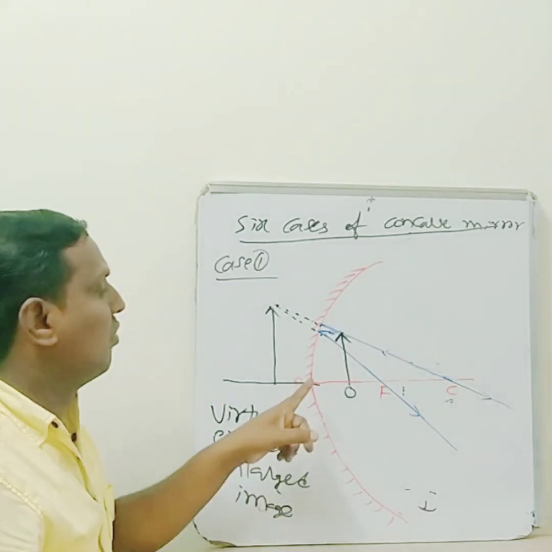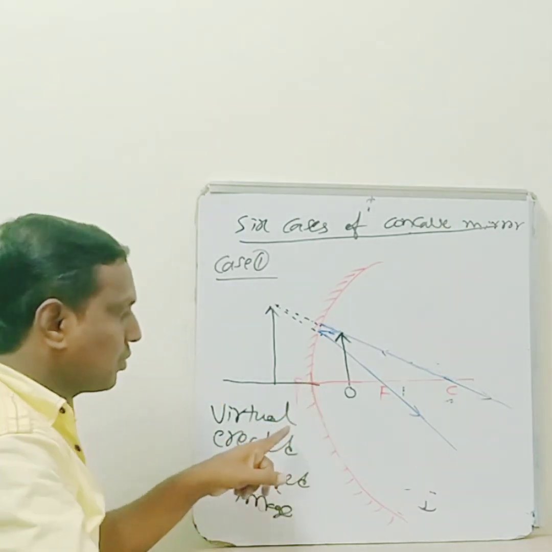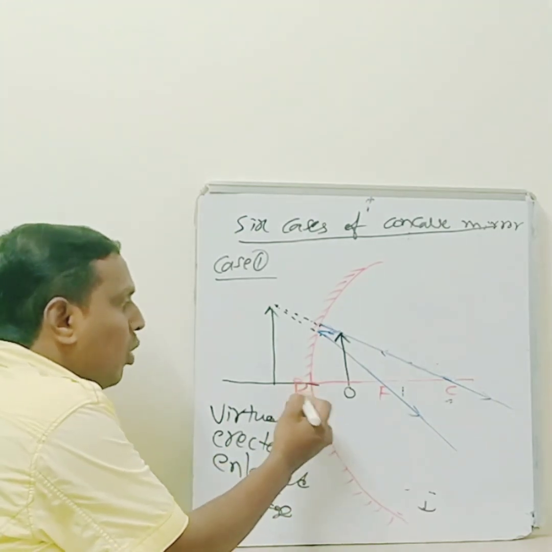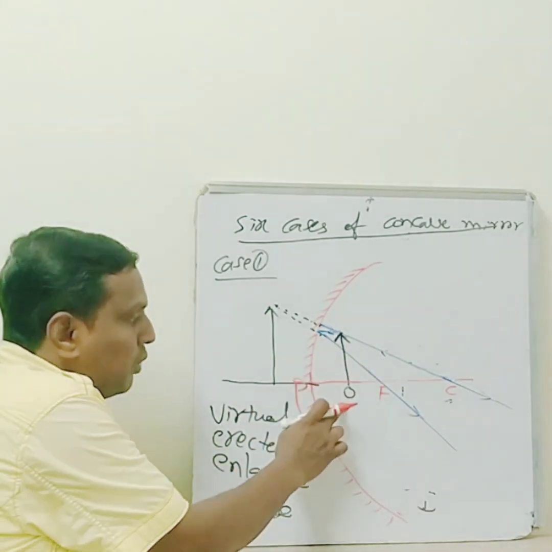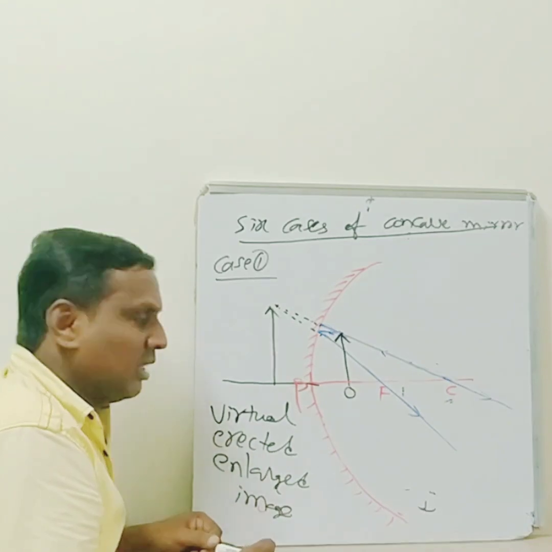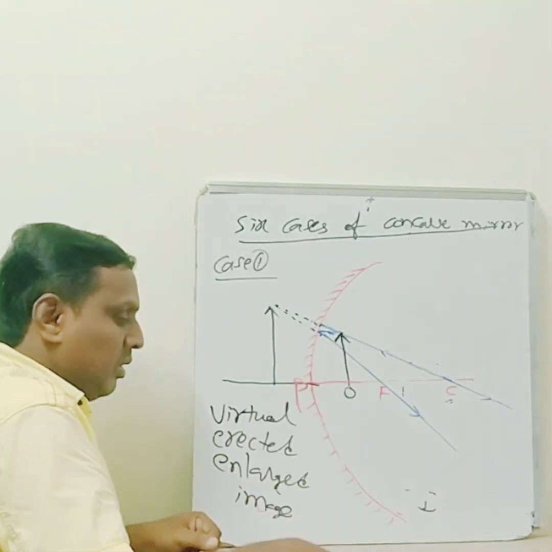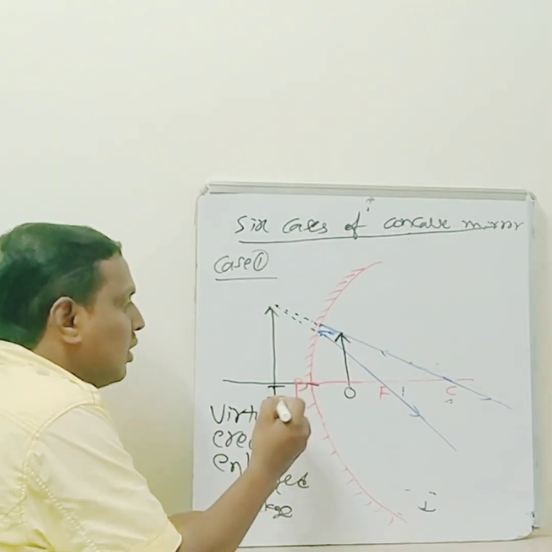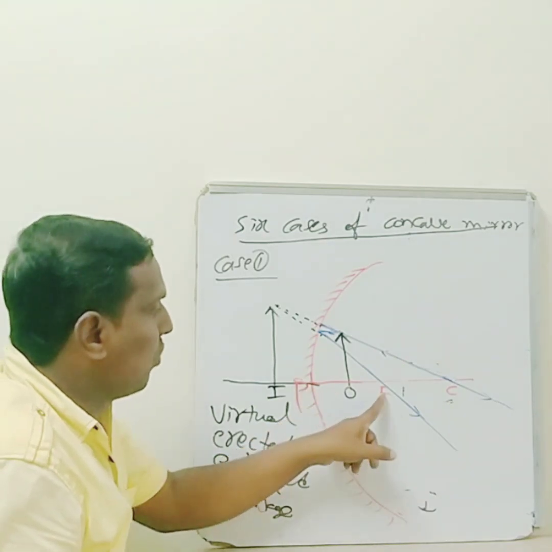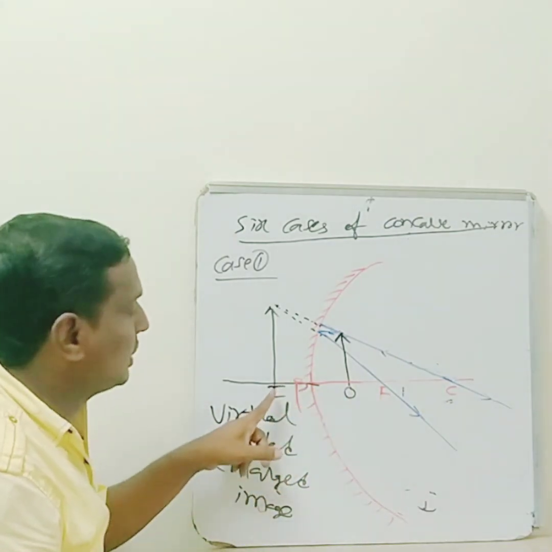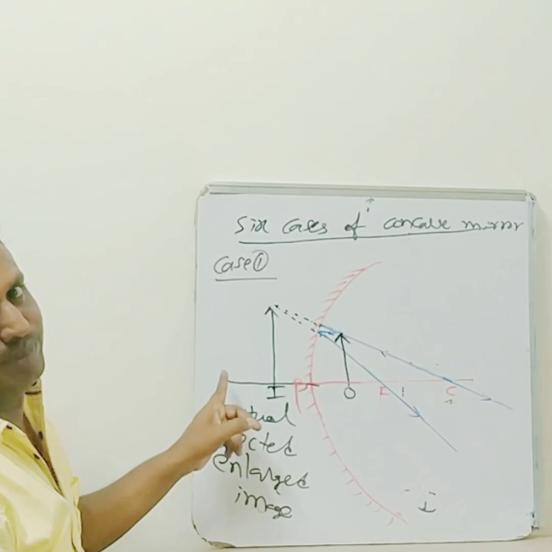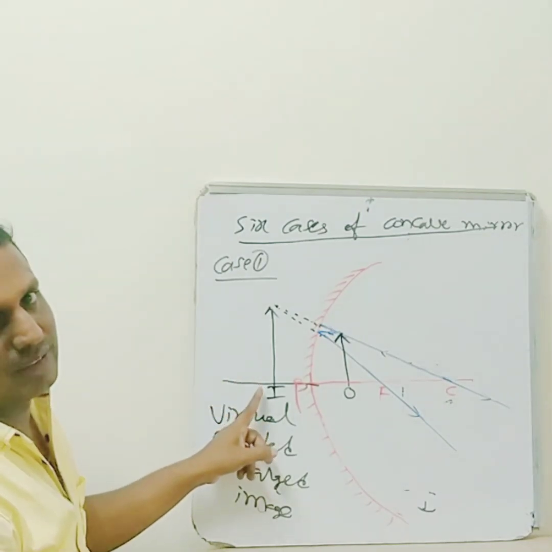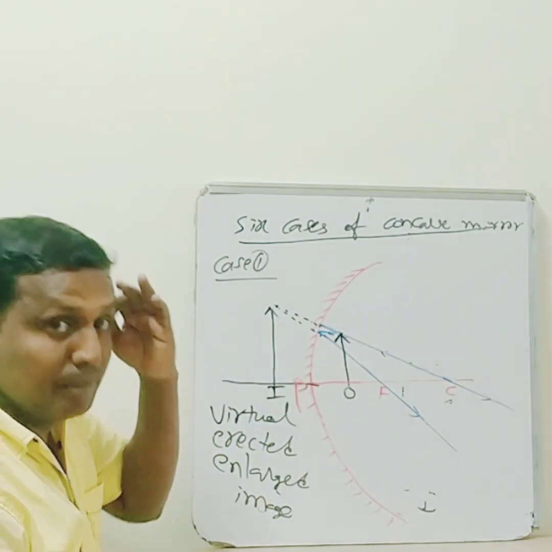Once again, when the object is between pole and focus, this O is the object, then this is I. I is the image here. When the object is between pole and focus, then we get the image behind the mirror. Behind the mirror, we can say the position of the image is behind the mirror.